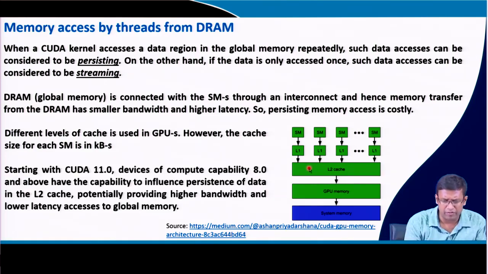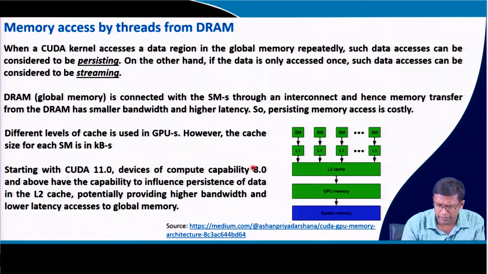Starting with CUDA 11.0, devices of compute capability 8.0 and above have the capability to influence persistence of data in the L2 cache, providing higher bandwidth. So, persisting use: one is making a separate cache for persisting and streaming memory and providing more space for persisting memory.